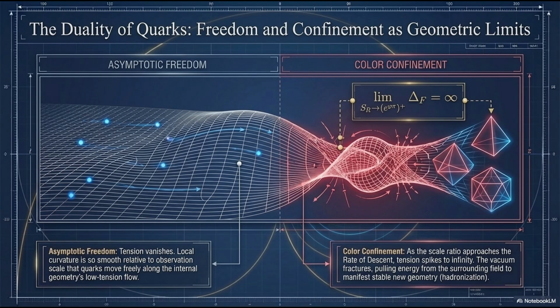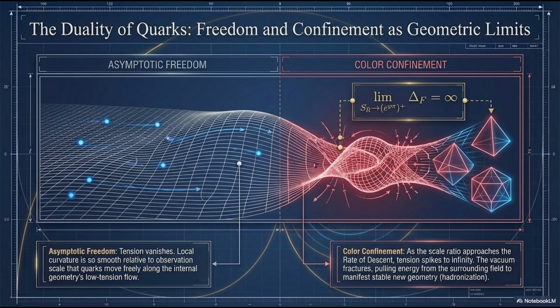As you try to pull those quarks apart, you expand outward toward the edge of that microvortex. You're pushing against the edges. You are pushing against the rate of descent we just talked about. And as you approach that mathematical boundary, the topological tension spikes to infinity. Because you are literally stretching the fabric of space to its breaking point. Yes. The vacuum absolutely cannot be stretched beyond that geometric limit without fracturing.